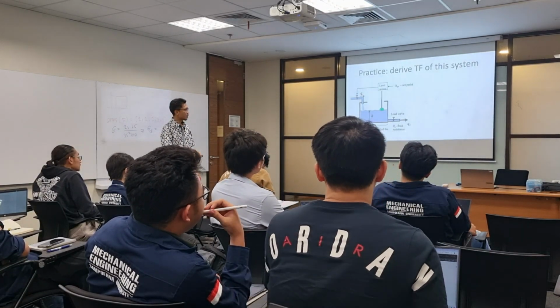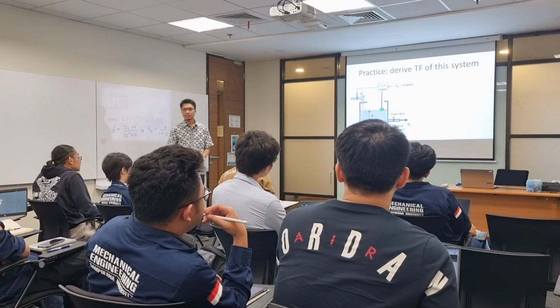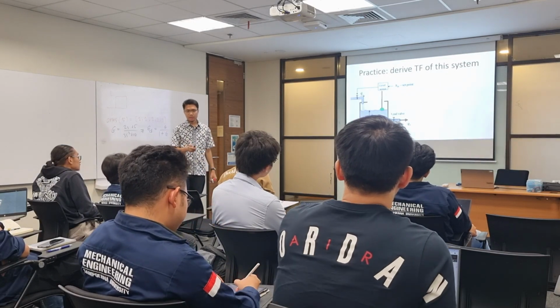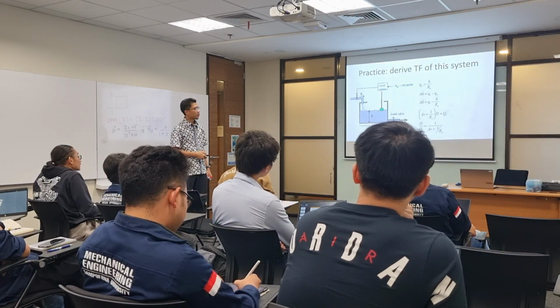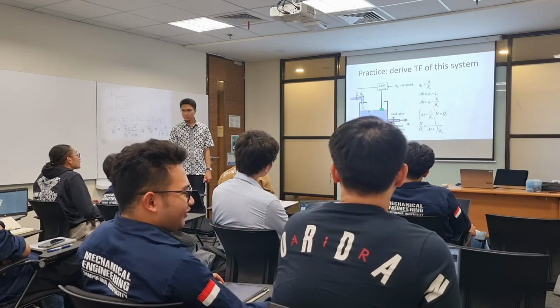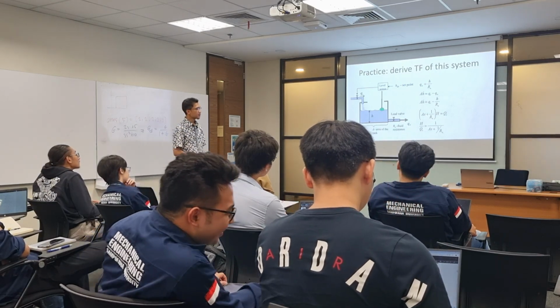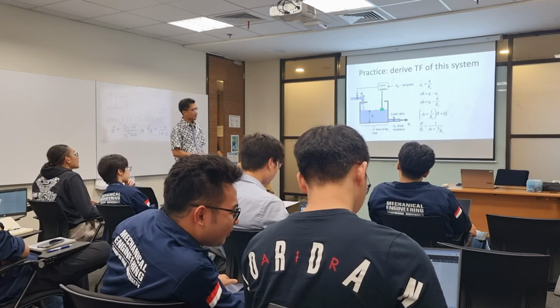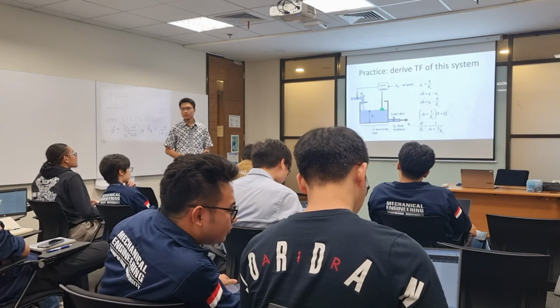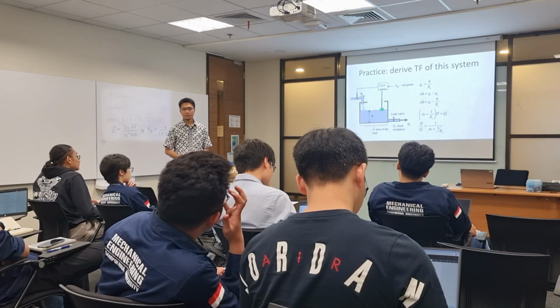The input here, the output is here. So how does the transfer function look like? You can also check it on the module. So finally, we arrive also at a first order system.